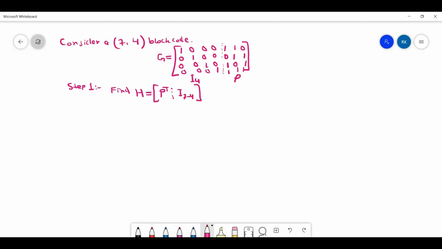So n here is 7 and k is 4. So we have an identity matrix of size 3. Let's write it down, calculate it directly from this generator matrix.